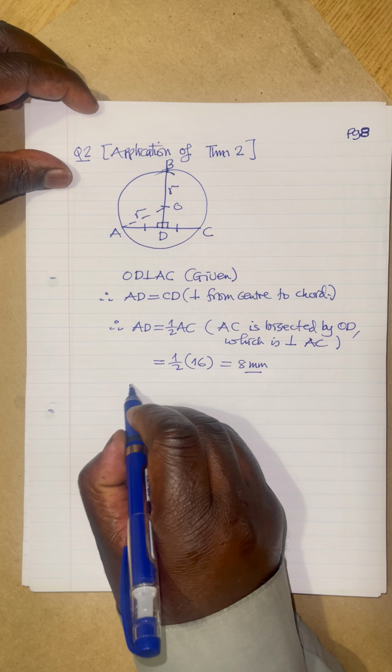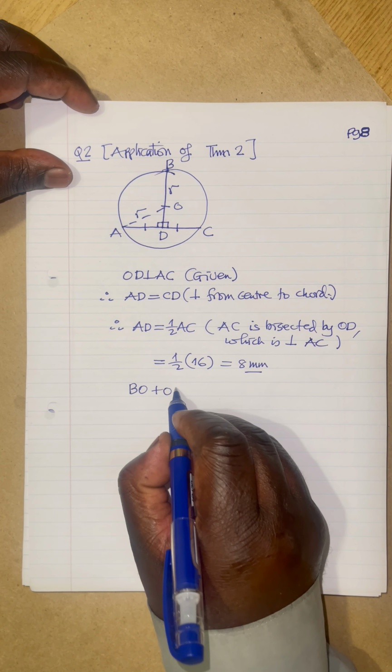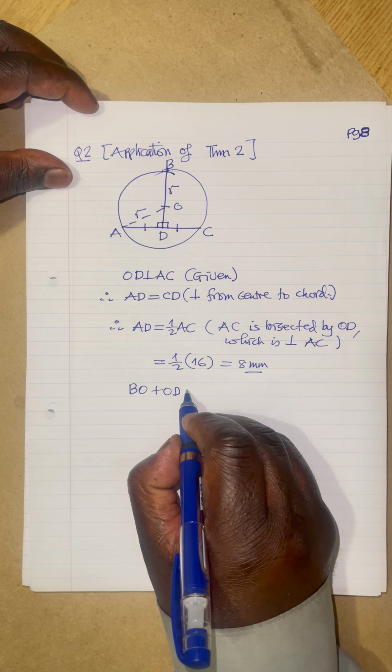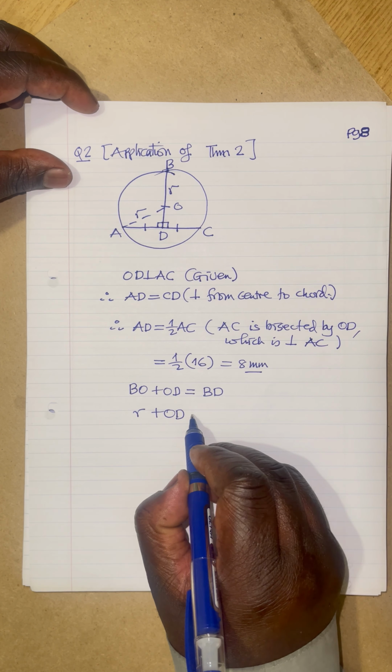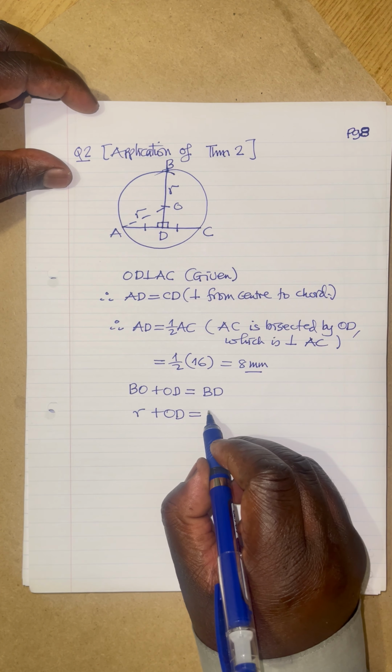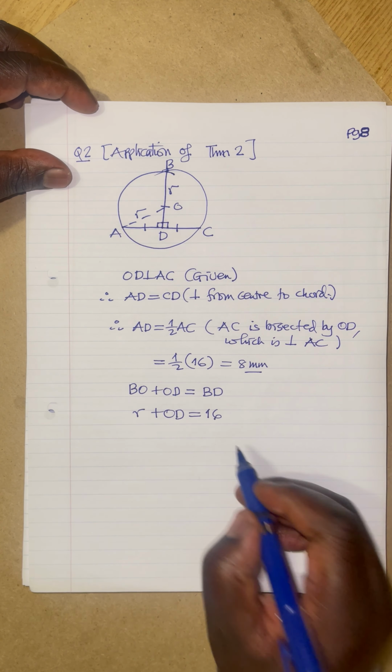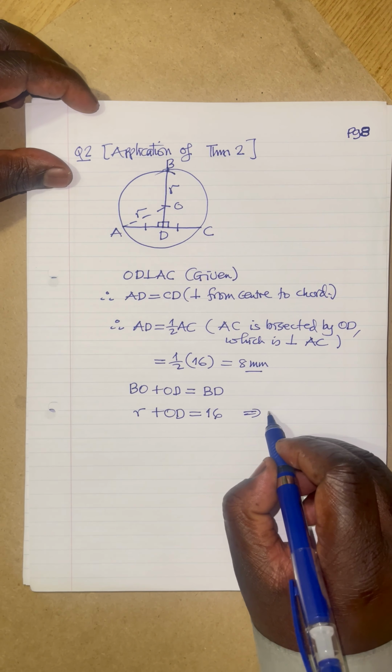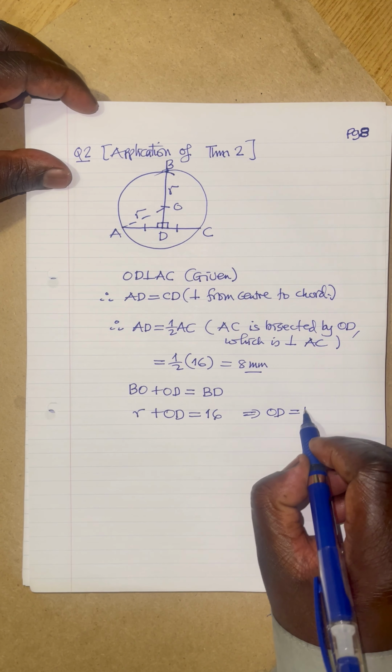We're saying BO plus OD is equal to BD. BO is R plus OD, which we don't know, is equal to, what is BD? Well, we're told BD is 16. So clearly from here you can see that OD is actually equal to 16 minus R.